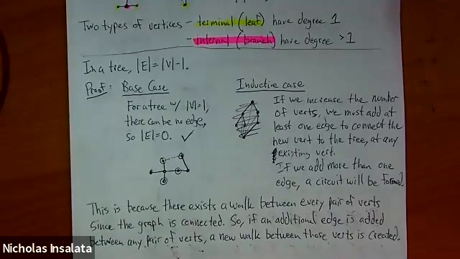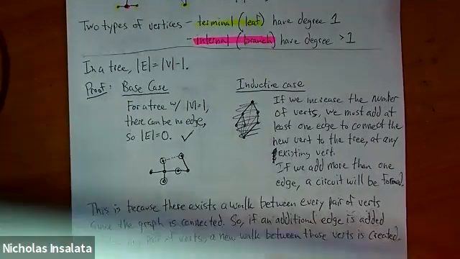Well, it says a circuit is a closed walk that contains at least one edge and does not contain a repeated edge, where a closed walk is a walk that starts and ends at the same vertex. Let me throw this over here so you can read it.